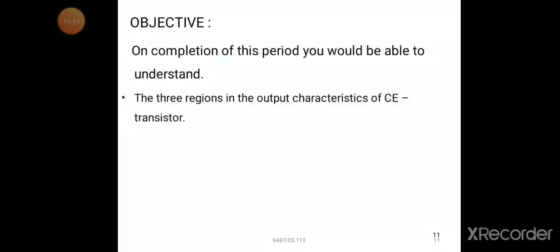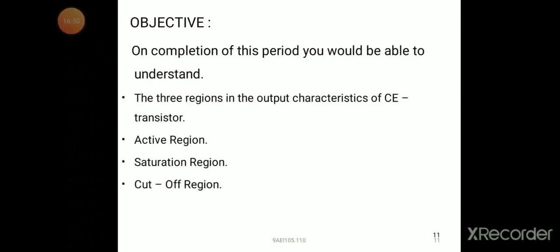So now we try to discuss the regions of the common emitter configuration. The main thing we need is generally only the output characteristics. The output decides whether it is giving our actual required amplified value or not, such that we choose the operating point for the transistor.